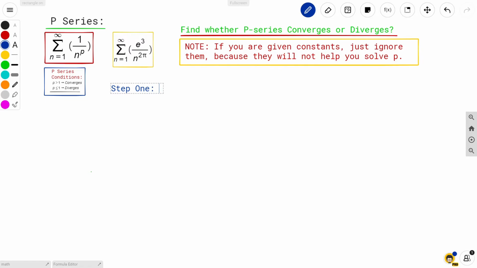Our first step is to use algebra to get it in the form of a p-series.